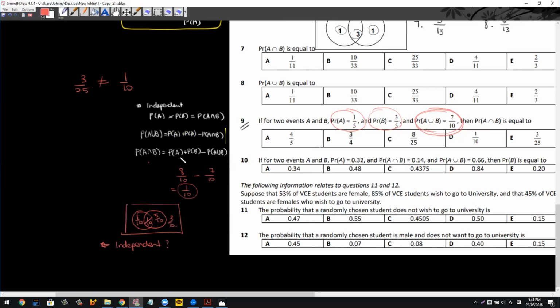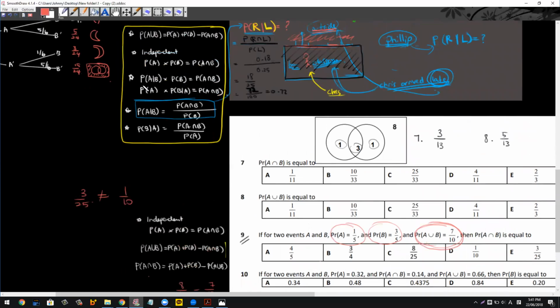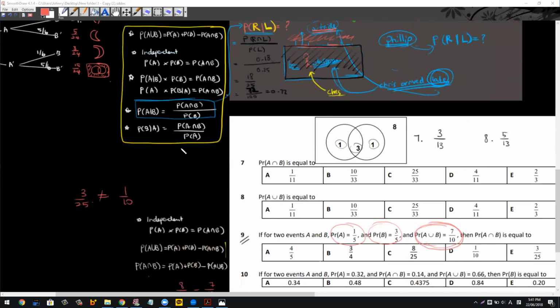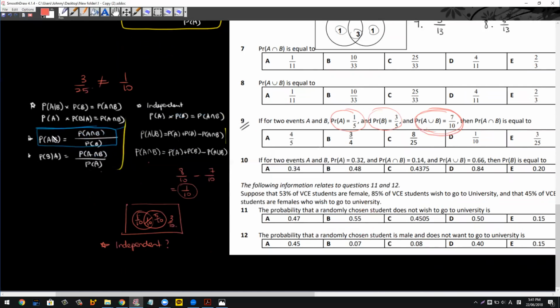So since this is dependent, we can actually have a look at the given probability. So we can try that as well. So I'm going to place that right here. So what is going to be the probability of A given B? I just need to tell you something.